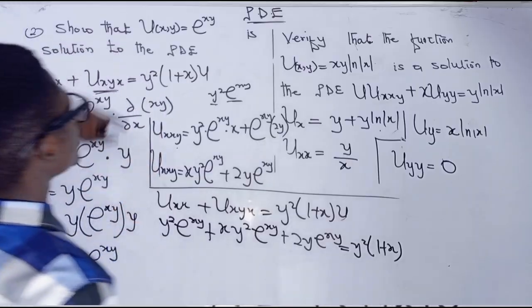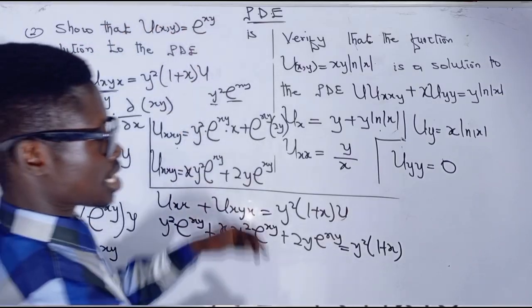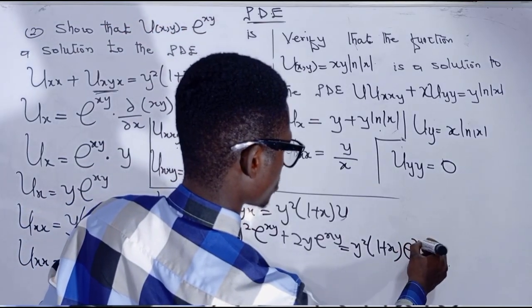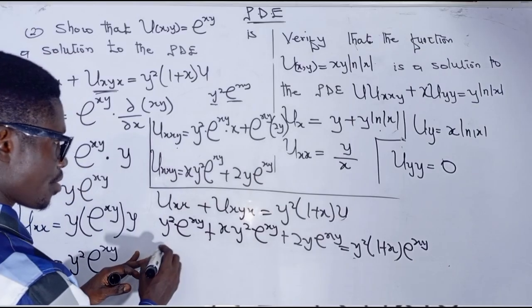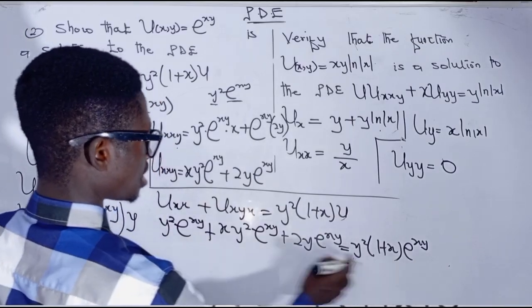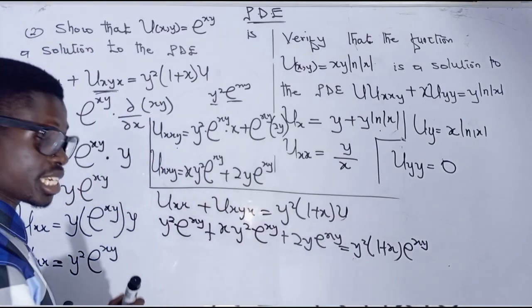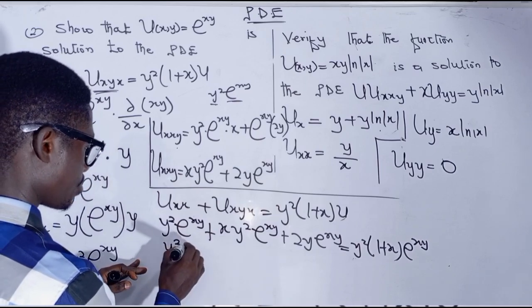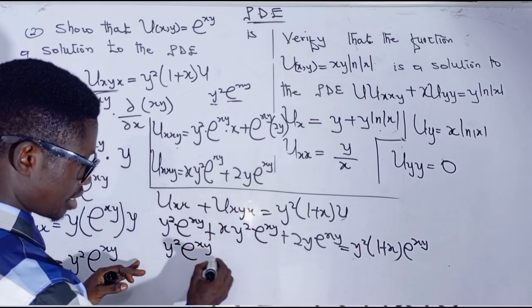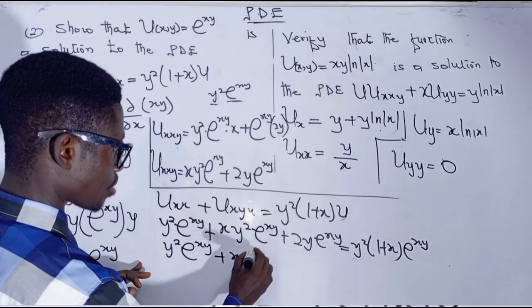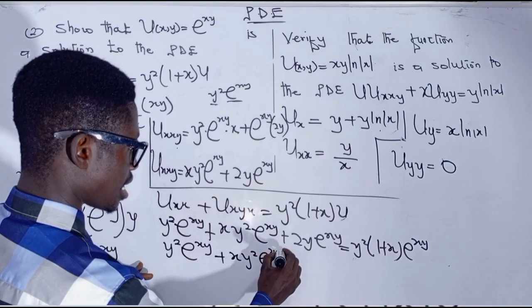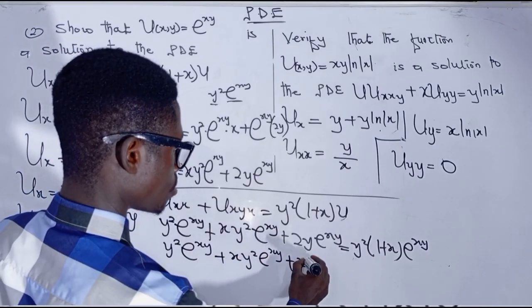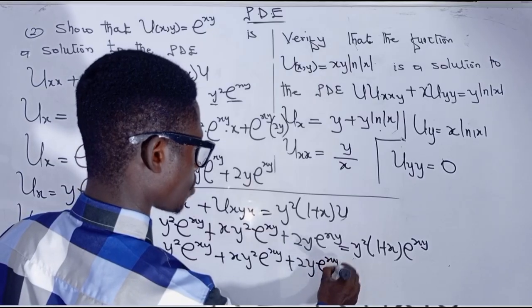Our u is given as e^(xy). So what we are going to do is expand this and then compare the terms to see if some can cancel. On the left we have y squared e^(xy) plus x y squared e^(xy) plus 2y e^(xy).